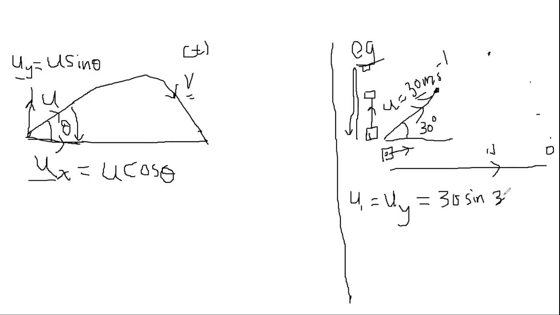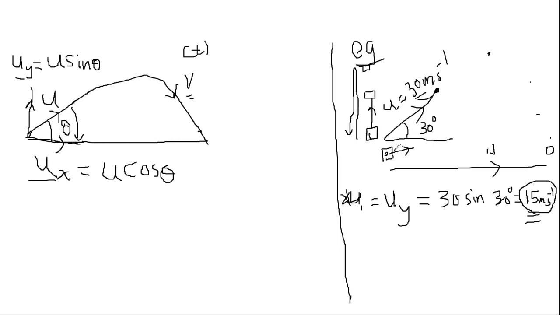The vertical camera speed will be 15 meters per second, since sine 30 is a half. So when an object is launched at 30 meters per second, 30 degrees from the horizontal, the vertical camera will take off with a speed of 15 meters per second.